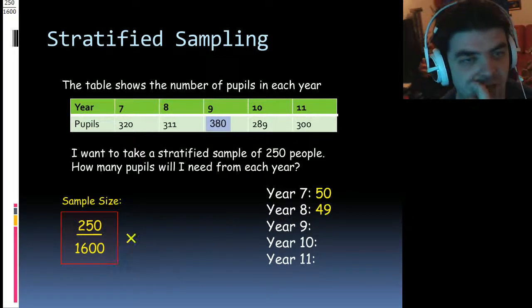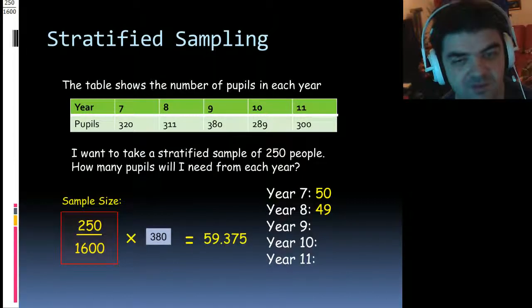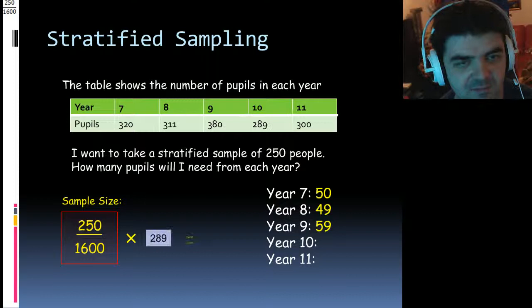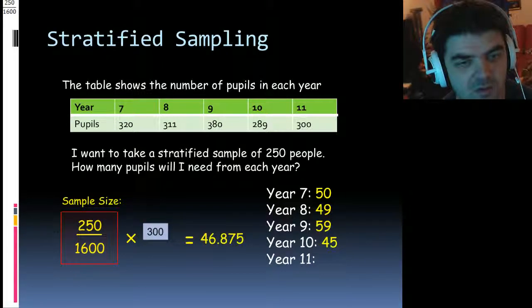Similarly, for year 9, we'd get 59.375, which rounds to 59. For year 10, we'd get 45 in the end. And for year 11, we get 46.875, which would be 47.